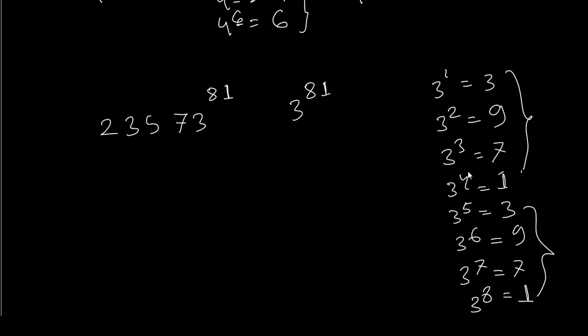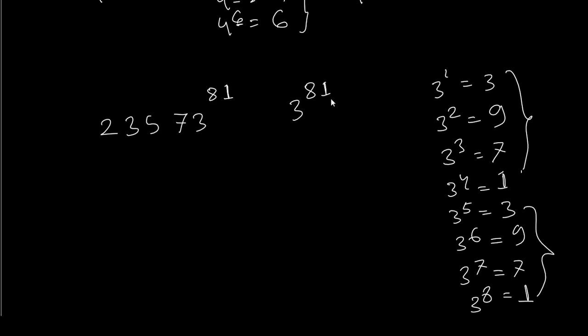So here, when the power of 3 is completely divisible by 4, we are getting 1. Look here, for 3 to the power 4 we are getting 1, for 3 to the power 8 we are getting 1, similarly for 3 to the power 12 we are getting 1.